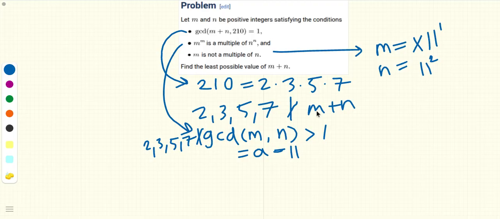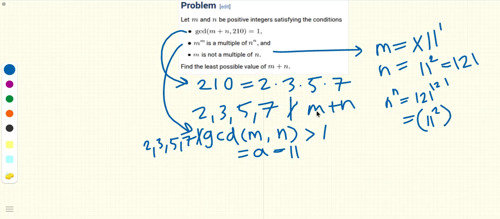So that means that n is equal to 121. And we still need to find what x is. So let's go back to our second condition, where we have that m to the power of m is a multiple of n to the power of n. n to the power of n is equal to 121 to the power of 121, which is 11 squared to the power of 121, which is 11 to the power of 242.